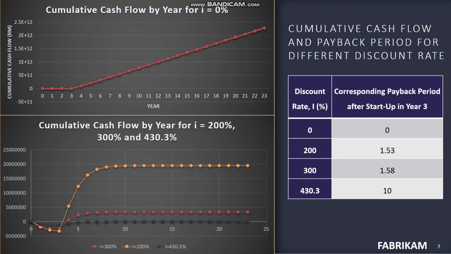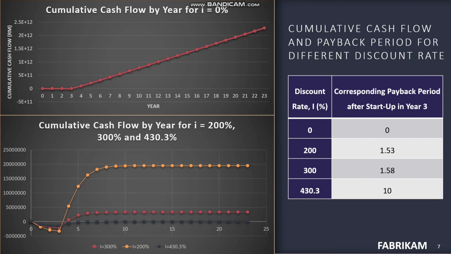Now, we can see the differences between different discount rates in graph form. From this graph, we can see that different discount rates bring different payback periods. Undiscounted brings the shortest payback period, while the highest discount brings the longest payback period.